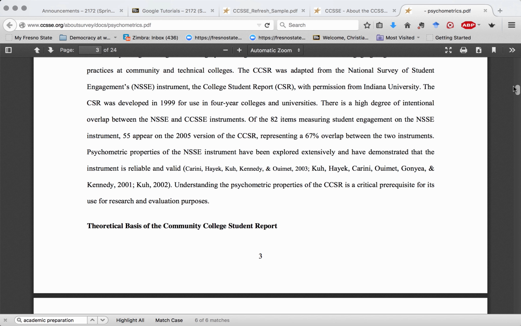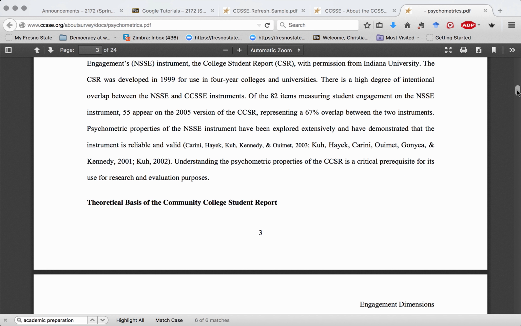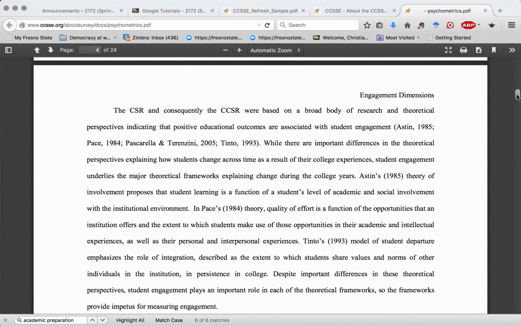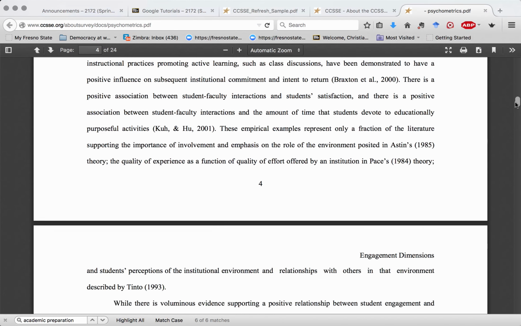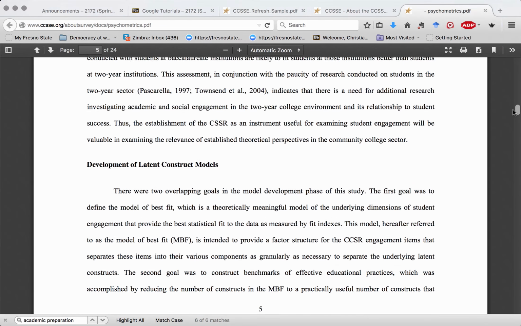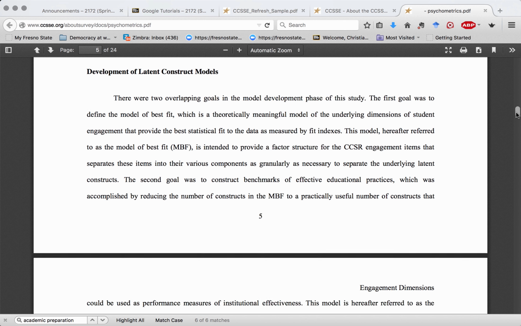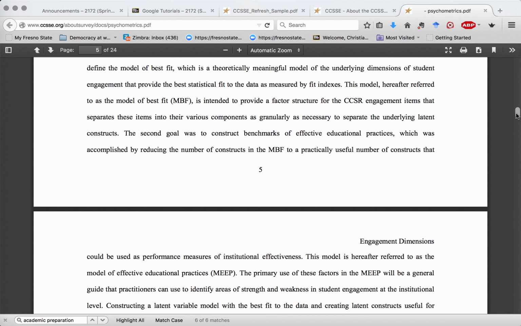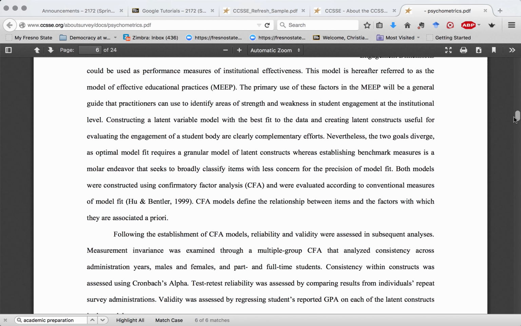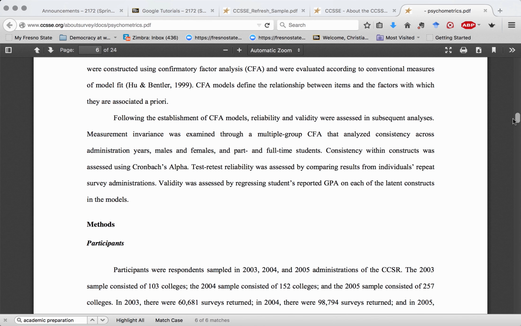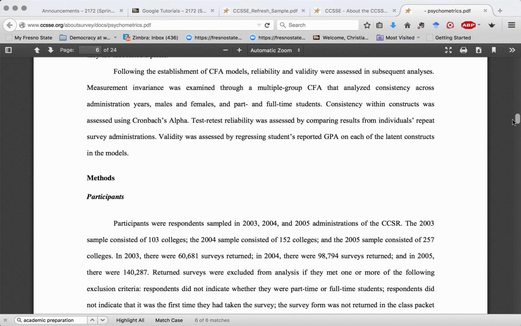All right, so there's a little bit of a theoretical section, and then they talk about how they came up with it, right? What's the basis of this? Then they had these latent constructs. So again, latent constructs, we can't observe them, but we can measure them with different items.